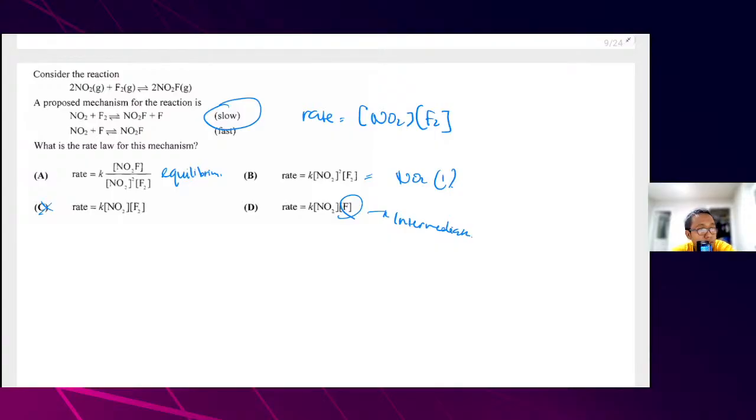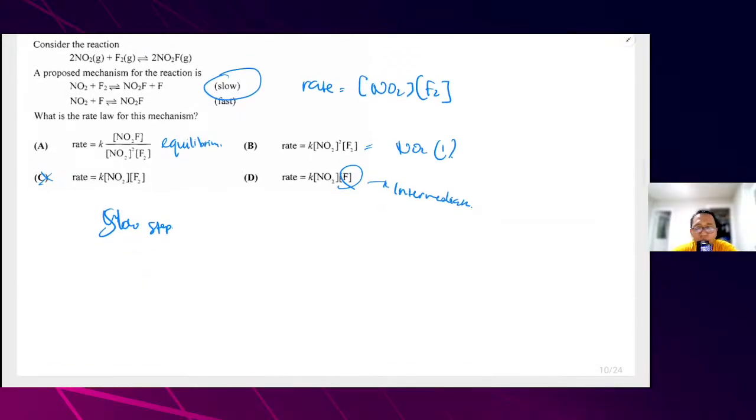All right, sounds good. So just remember, only use the slow step, and write the rate law from the reactants in that step. Don't include intermediates and products. That's good. So the answer will be C.